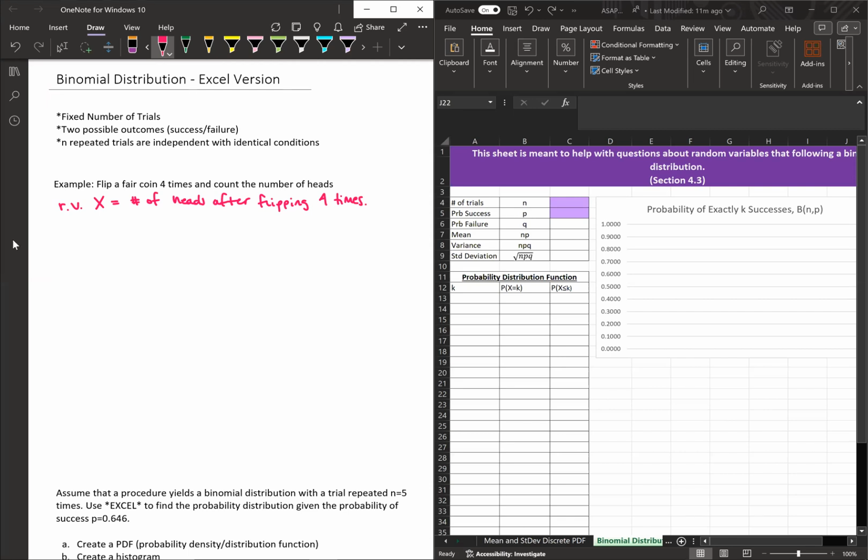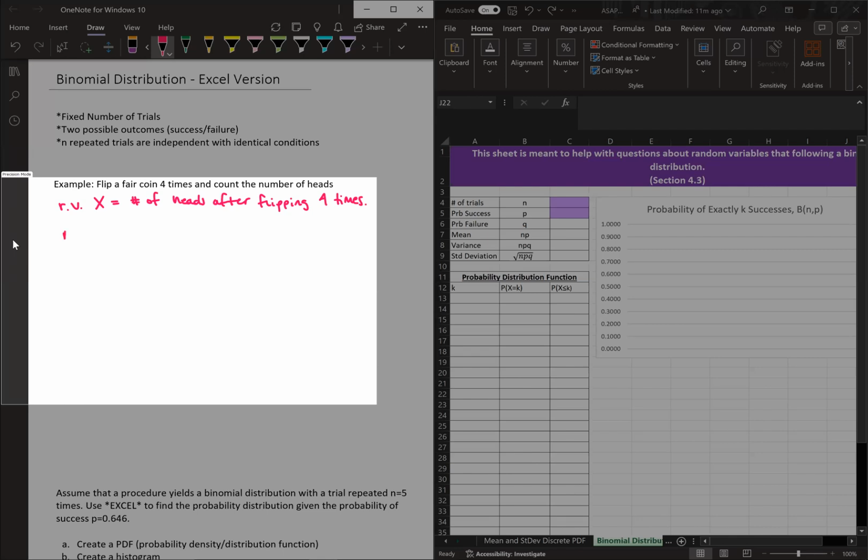We're just going to identify n, the number of trials. So this is the number of trials. And for us, a trial is just a flip. So this is 4.